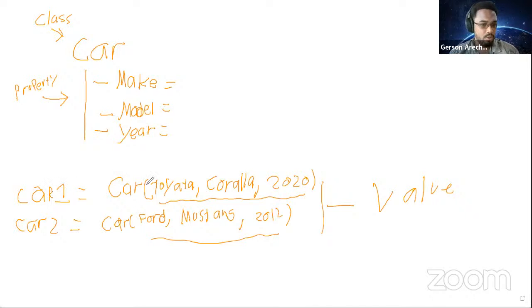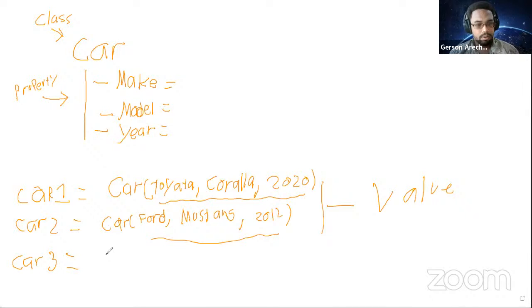So car1, I have Toyota Corolla 2020, and car1 is the only one that will have that value. Car2 has Ford, Mustang, and 2012, and car2 will only have those values. And let's say I create another one, car3.